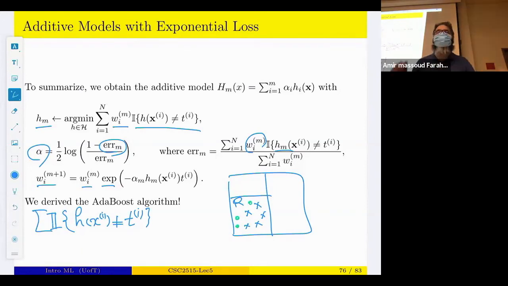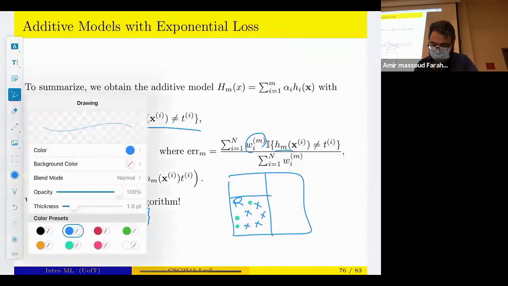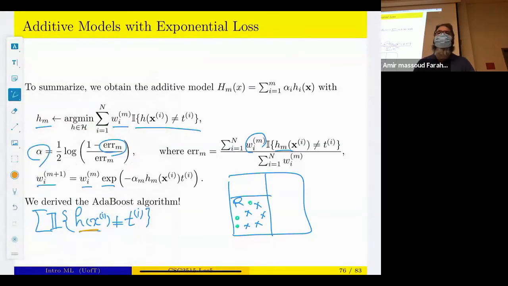You can focus on one of the regions and minimize the error in each region separately, after we know the region. Your hypothesis either outputs cross or circle here. You can consider the case that it is always outputting circle and see how many errors you make.